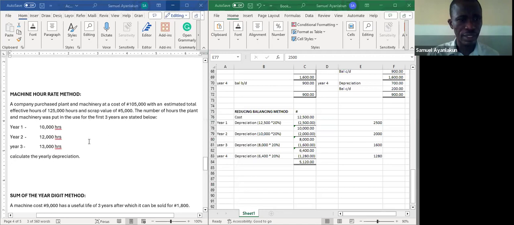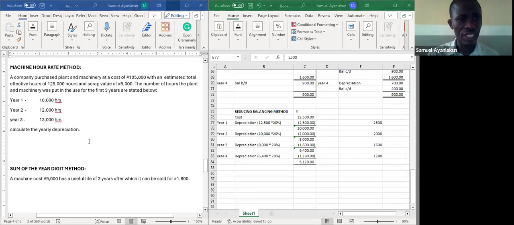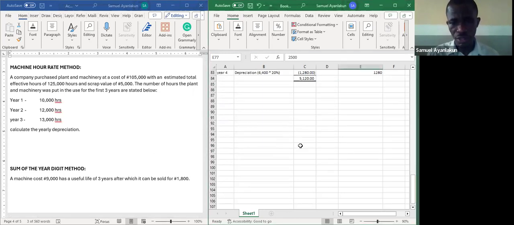Then there's another method of depreciation, which is called the machine hour rate method. Machine hours tell you the hours used in operating the machine, which lets us know how much to charge as depreciation. If you go to factories, they run their machines 24/7.